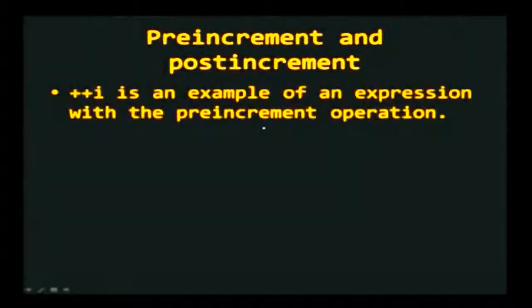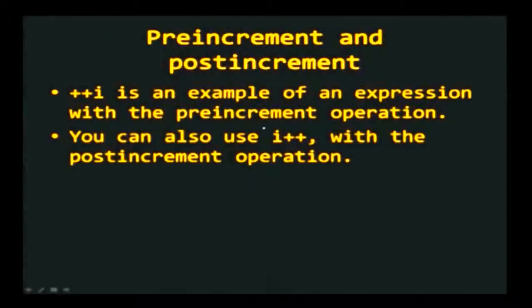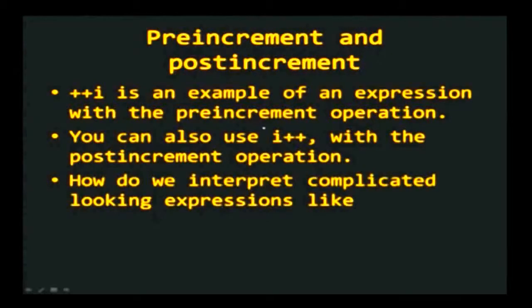Now, there is also the post-increment operator. ++i is an example of an expression with the pre-increment operation, and you can also use i++, which is known as the post-increment operation. And the confusing thing is, how do we interpret fairly complicated expressions like the following.